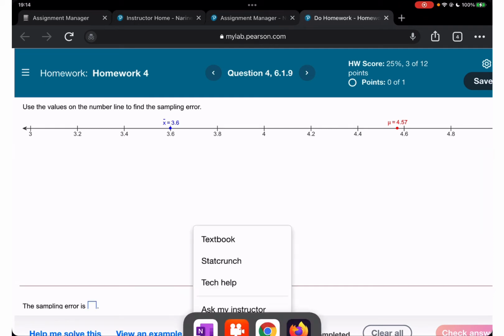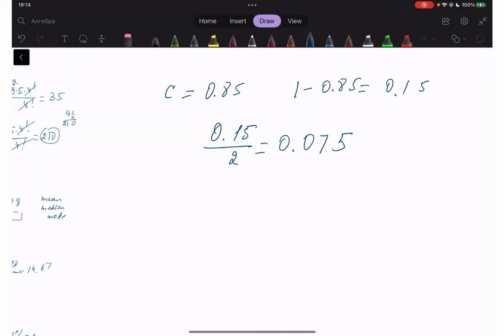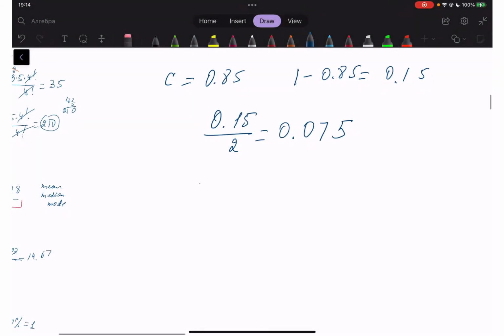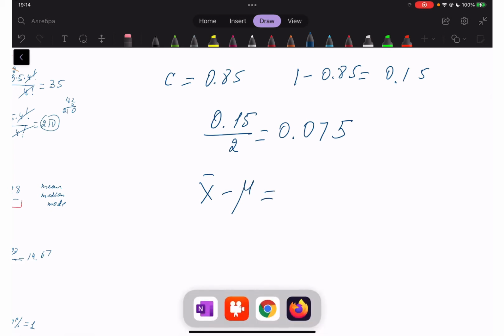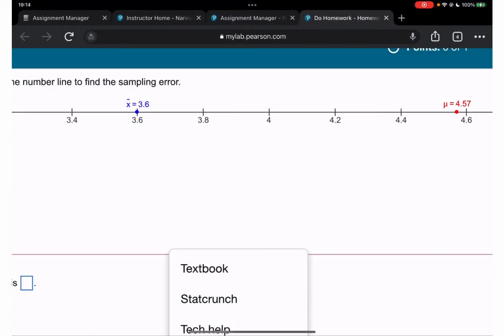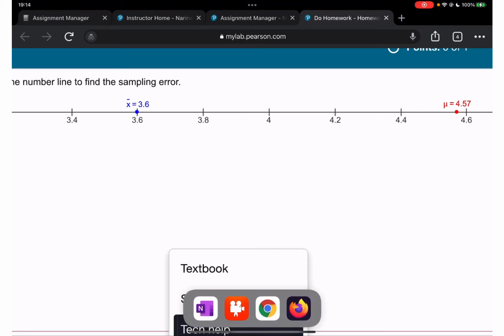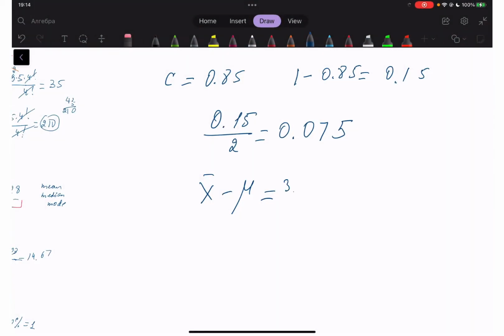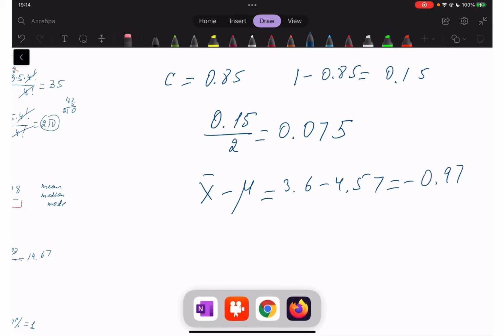So how are we going to find the difference? We are going to take x bar minus mu, which is equal to 3.6 minus 4.57. Okay, if I subtract, it's going to be negative 0.97, and this is going to be the error.